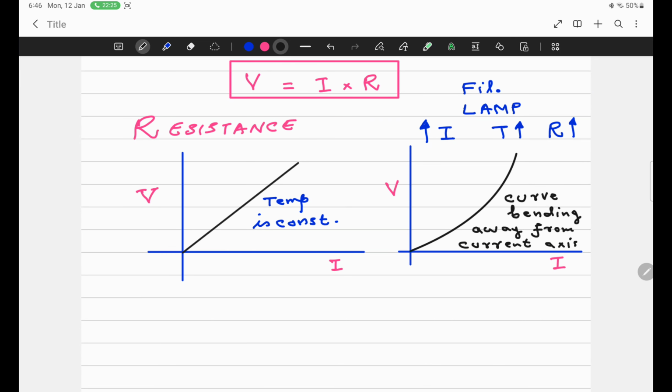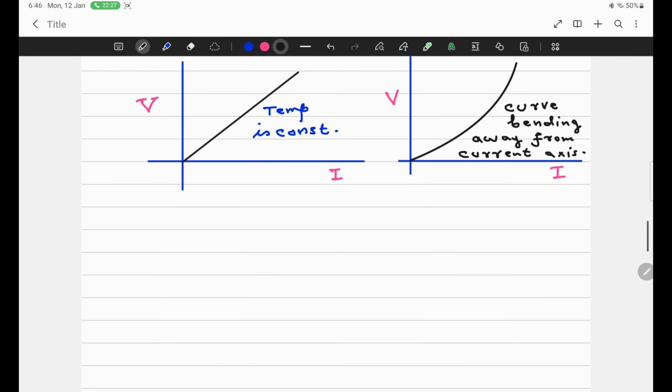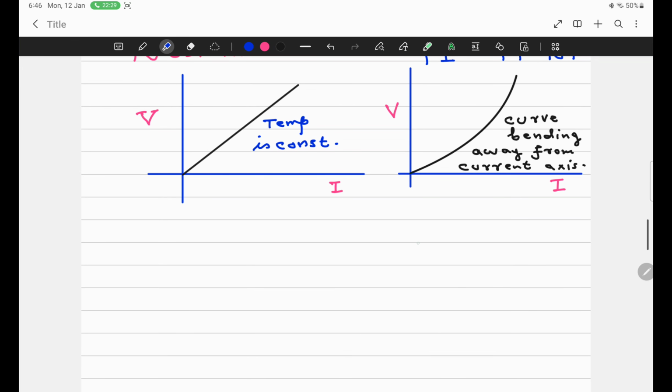Right now, I have plotted current along the x-axis, but sometimes you will be given a graph in this form, where the current is along the y-axis. Then the curve is again bending away from the current axis.